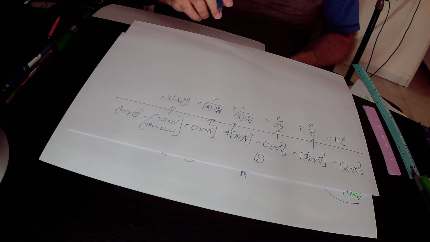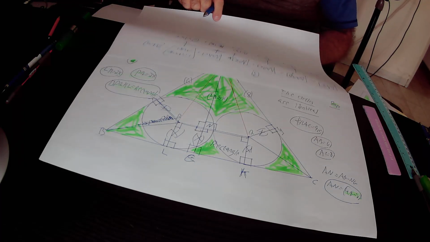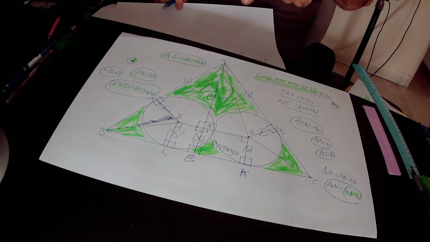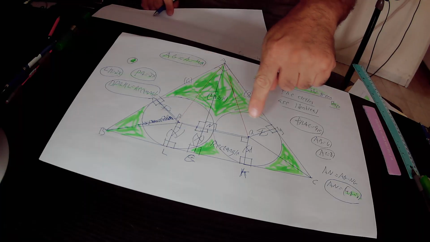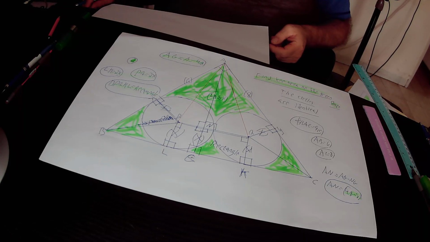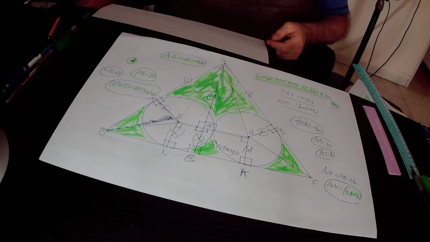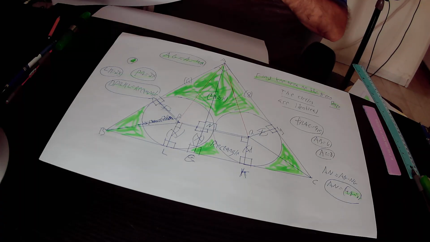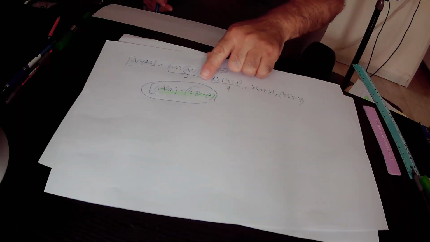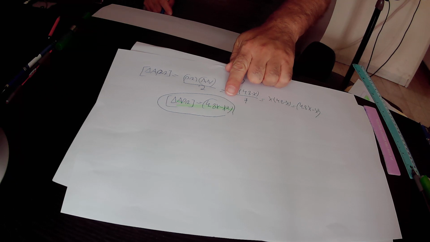Plus the area of the sixth shape, the triangle APQ. So we found out that the area of triangle APQ is in total equal to 4.8x minus X squared.